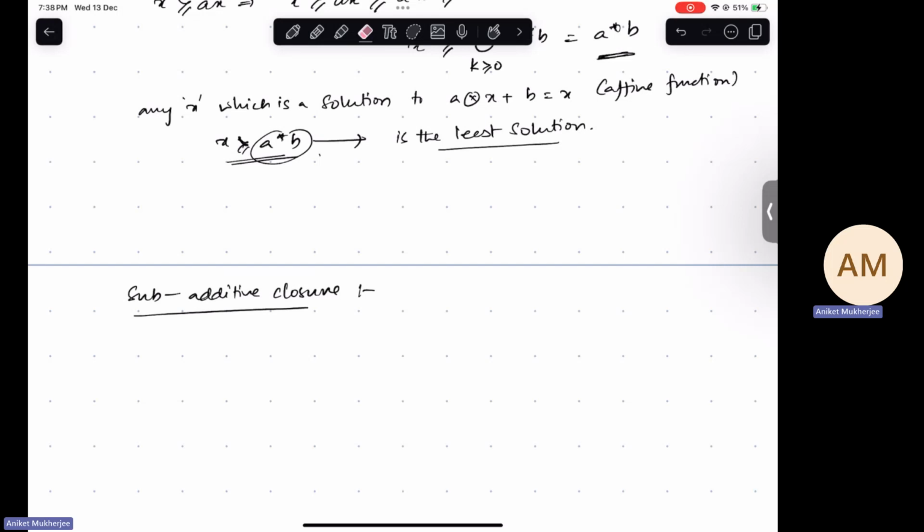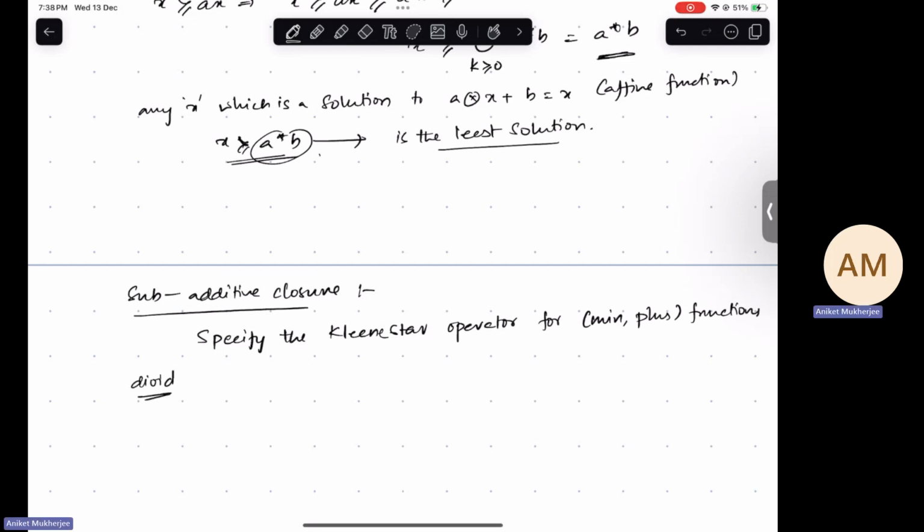So what we do is we now try to specify the Kleene star operator for the min plus functions dioid.